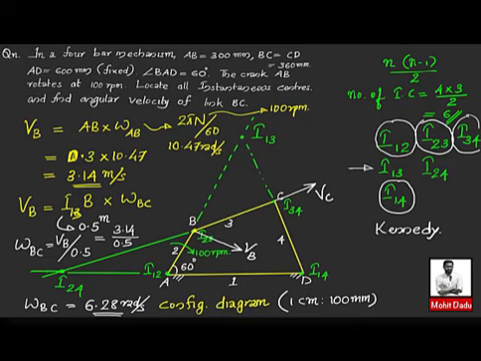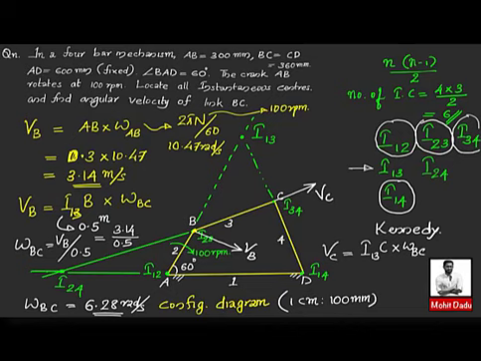If you are also asked about the angular velocity of link CD, then you can use this velocity vector VC. Here C is a point common to link BC as well as link CD. So the velocity of C can be addressed with respect to the instantaneous center and also with respect to this point. You can write the velocity of point C as I13 to C distance into omega BC.